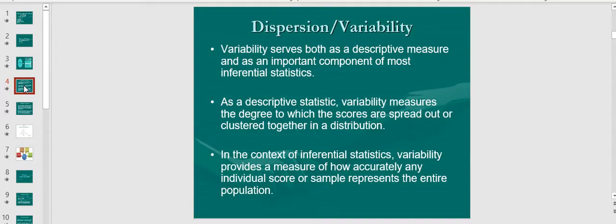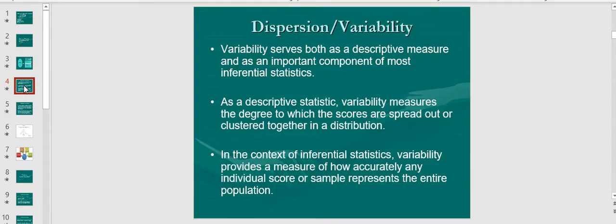But if the individuals in the sample have large differences in their scores, the variability will be large, and that sample will not be a true representative of the population.